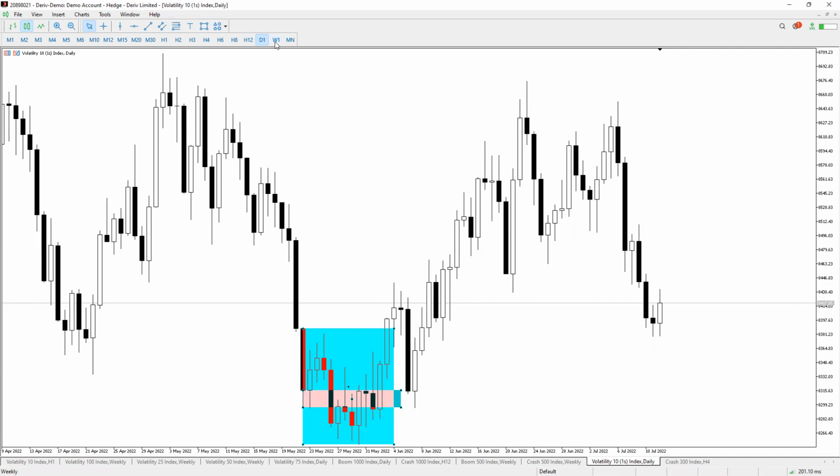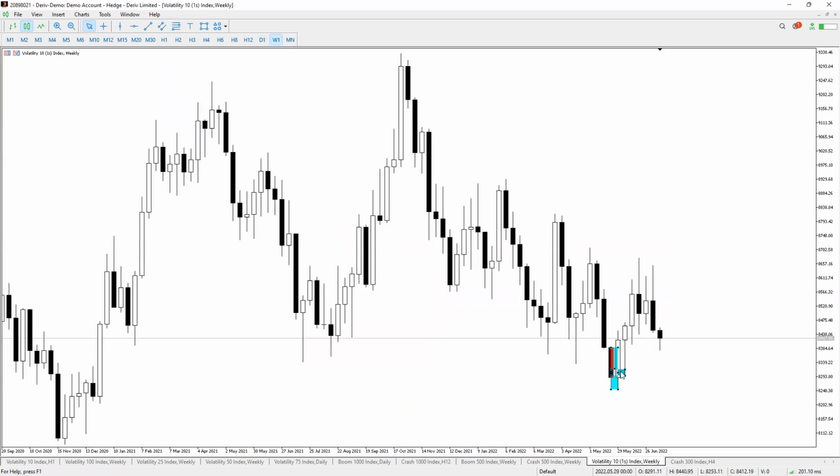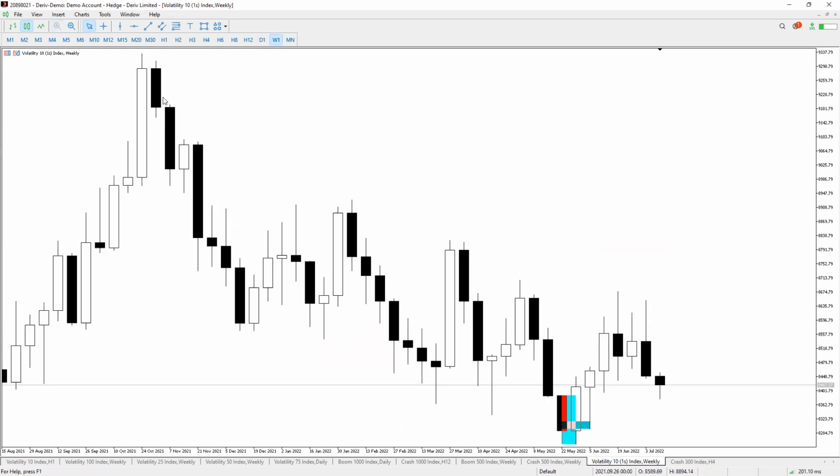All right, so you can change to your weekly chart and then see that the entire Quasimodo is an engulfing. The level is within the body of the base, the body of the black candle here. The level is within it.